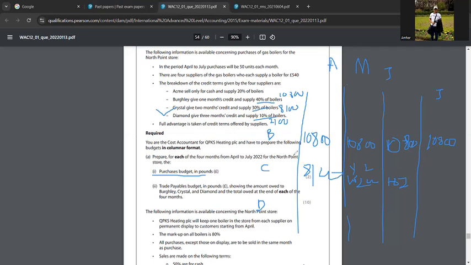And then now see D, Diamond gives 3 months credit and supply 10%. So 27,000 into 10% is 2,700. We put that under April. And then May, just into 2, because it's only 2 months. So 2,700 into 2 is 5,400.